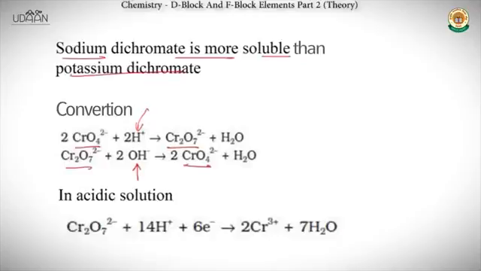And there is a very important reaction. This is an acidic solution in which chromate ion is converted into Cr3+ ion. We need to remember all these formulas and reactions, especially this one, in which it is acidified.